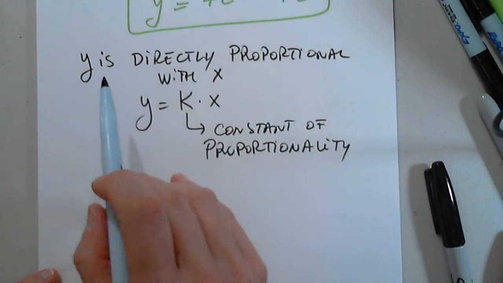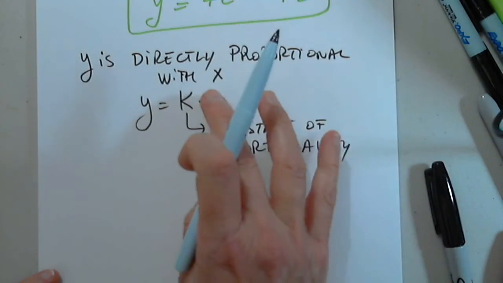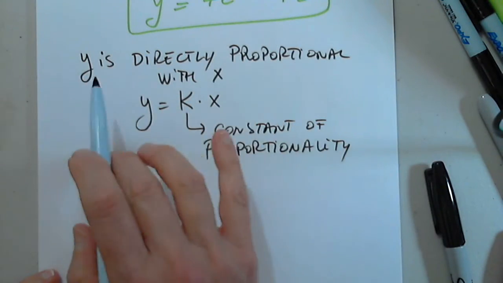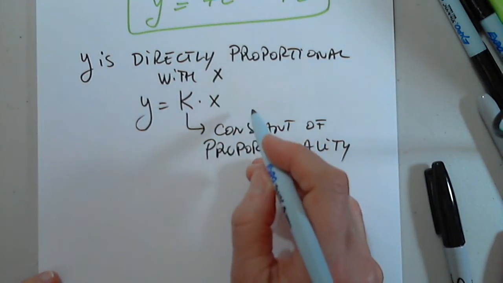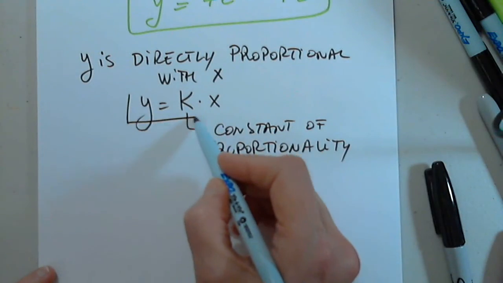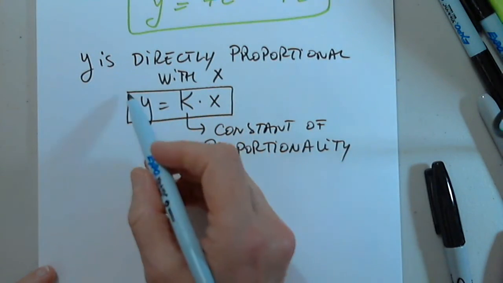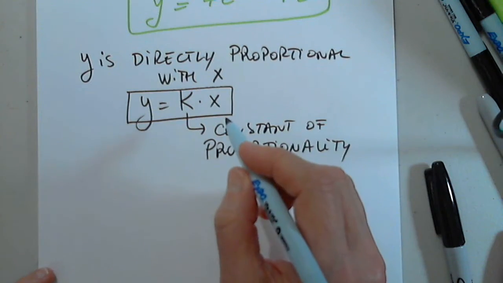So every time somebody says that a variable is directly proportional with another variable or varies directly with another variable, you have to think of this equation. This is your first thought.